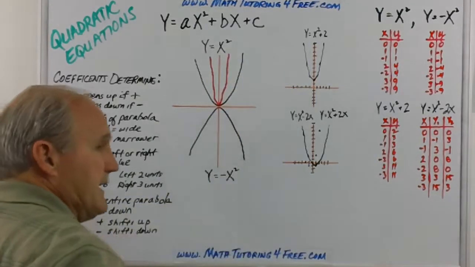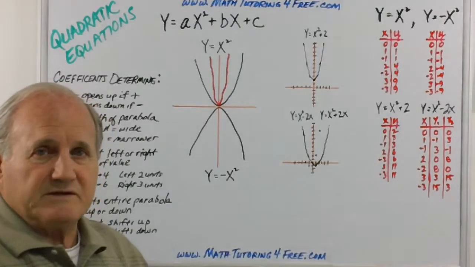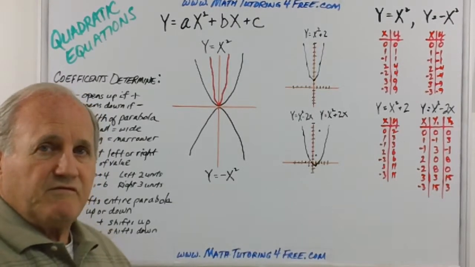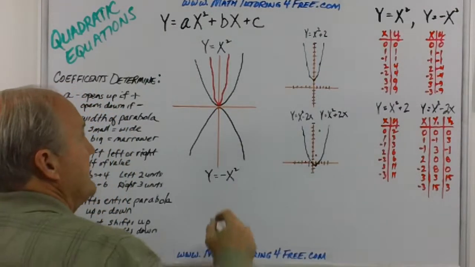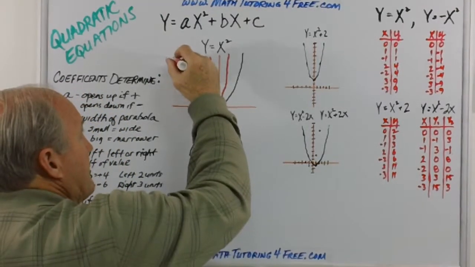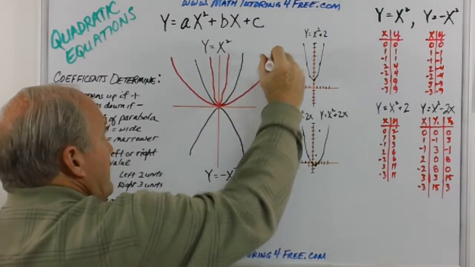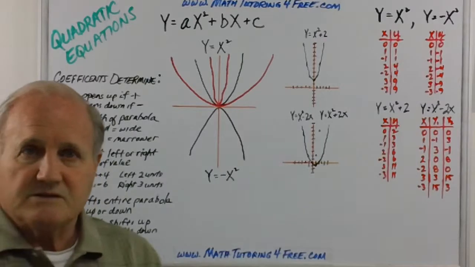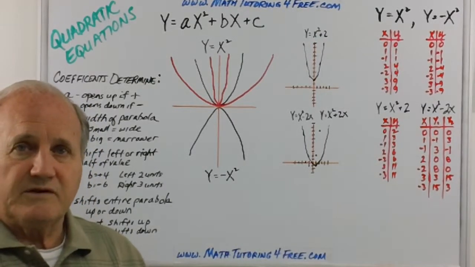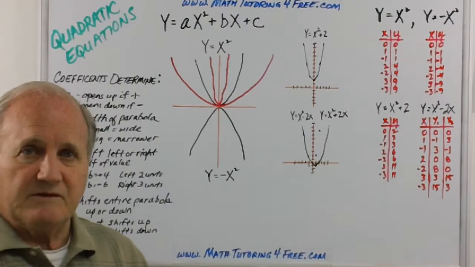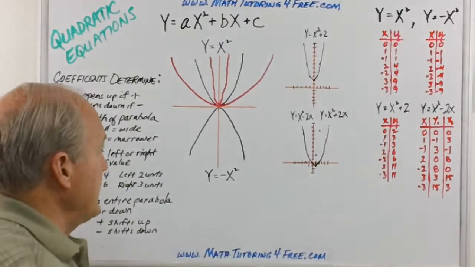And just the opposite if we had a fraction, for instance, maybe it was 1/4 x squared, or x squared over 4, then you would see this would widen out quite a bit. And again, the smaller it would be, the wider it would become. So just looking at the coefficient of x squared will tell you quite a bit to start with. Open up or down, narrow or wide.